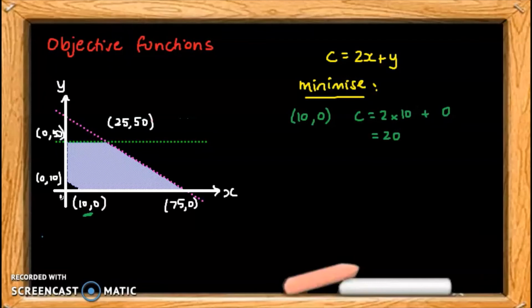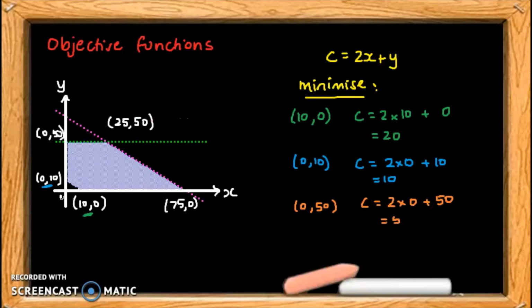Let's go to the next point. Over here, we've got 0 and 10. C will equal 2 times my x value plus my y value, and that comes out to be 10. So this one's smaller. Let's have a look at another point, 0 and 50 for argument's sake. C will be 2 times the x value plus the y value, and that's 50.